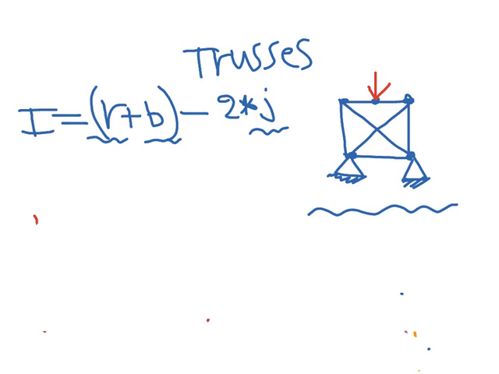We can add another member in here, which makes it a stable member, or if the truss was like this, so those hinges are not on the same line, it would be a stable system. Okay.